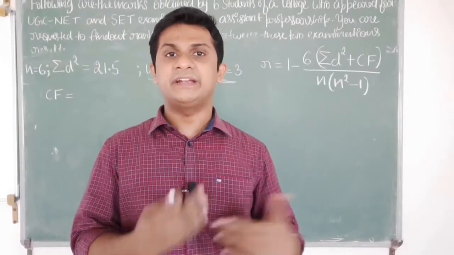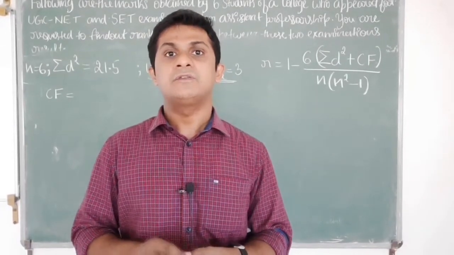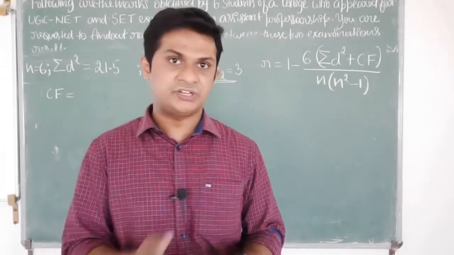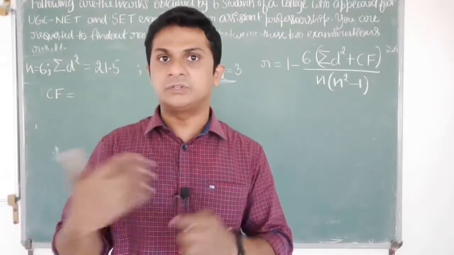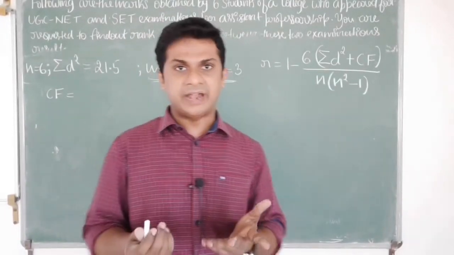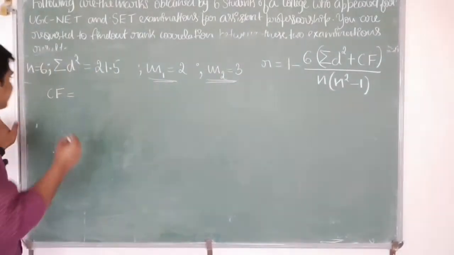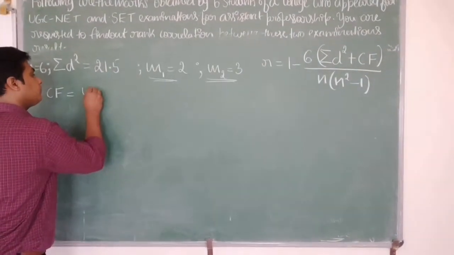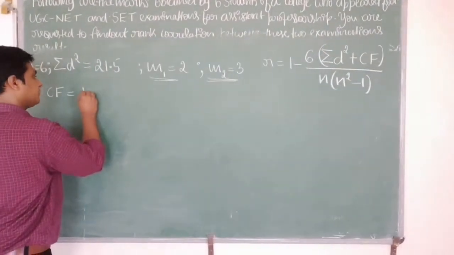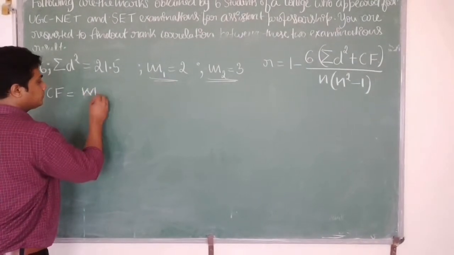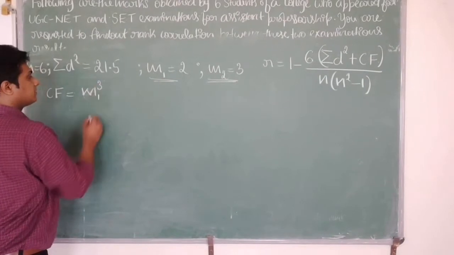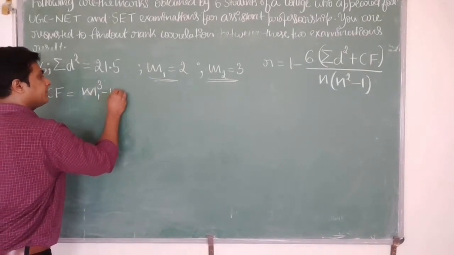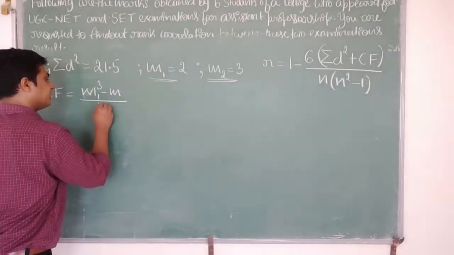The correction factor should be added to the deviation square for every corresponding repetition in ranks. There were 2 ranks that have repeated in the 2 variables, so that I have to add. So the correction factor in that case is equal to, we have m1 and m2, so we should have the sum of 2 correction values: m1 cube minus m1 divided by 12.